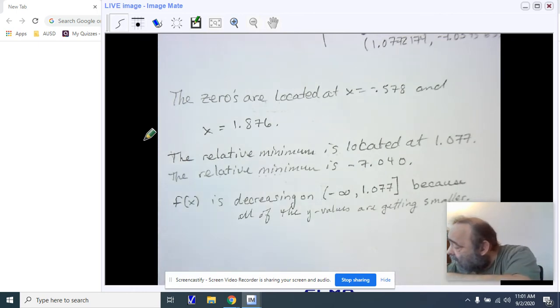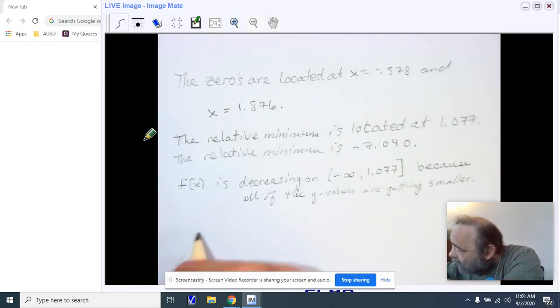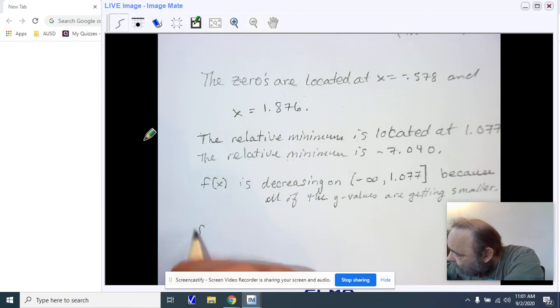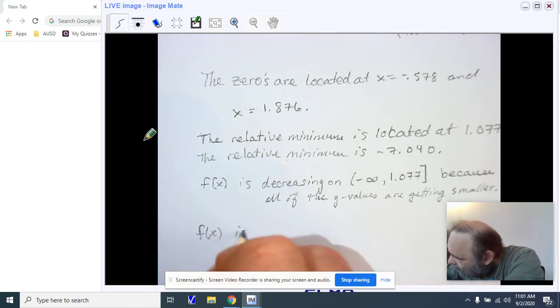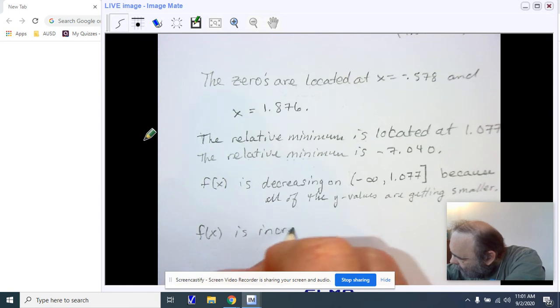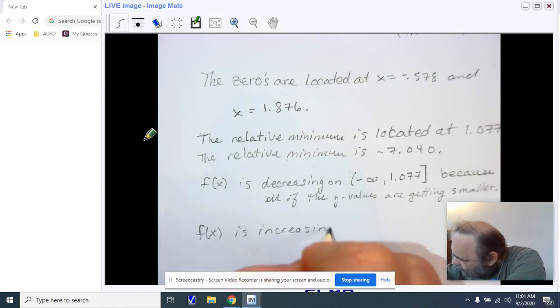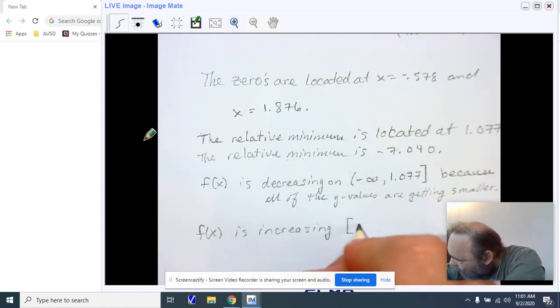For the increasing interval, we want the other half. So f of x is increasing on, we're now going to start with 1.077 and go to positive infinity.